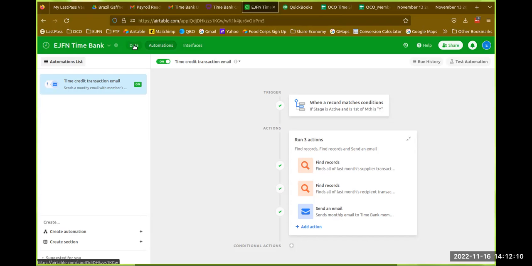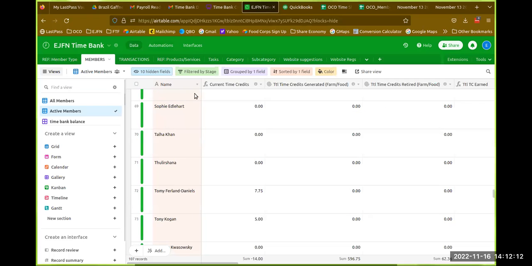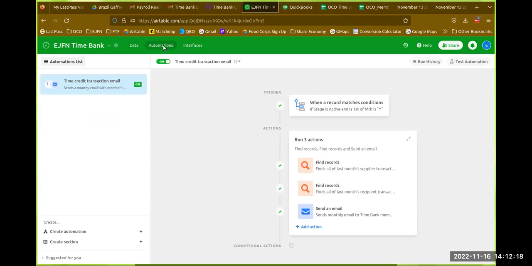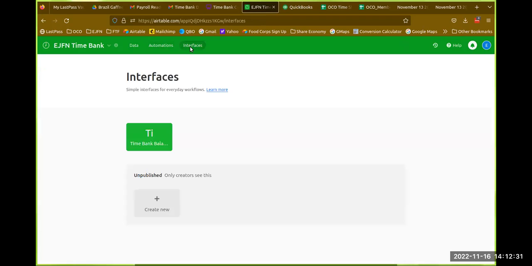There's data, if you want to see the raw data with the tables and all the fields and the values. Then you have automations, which are little codes created so that it automatically does tasks, for example sending out an email. And then you have interfaces, which is a little bit more public facing.